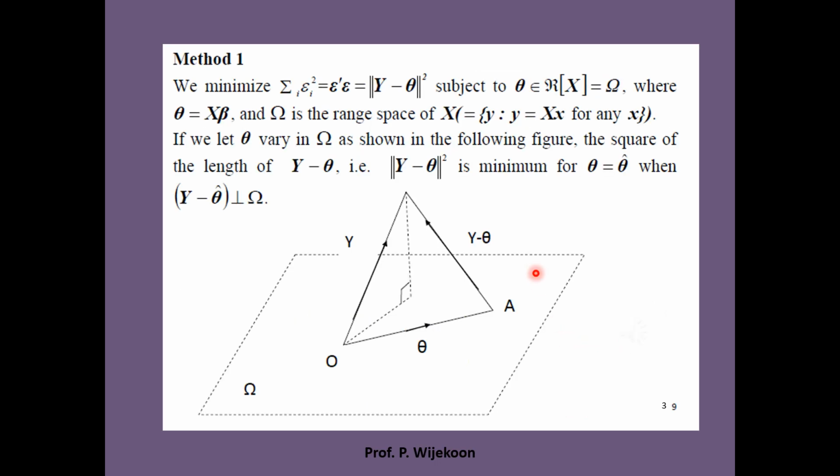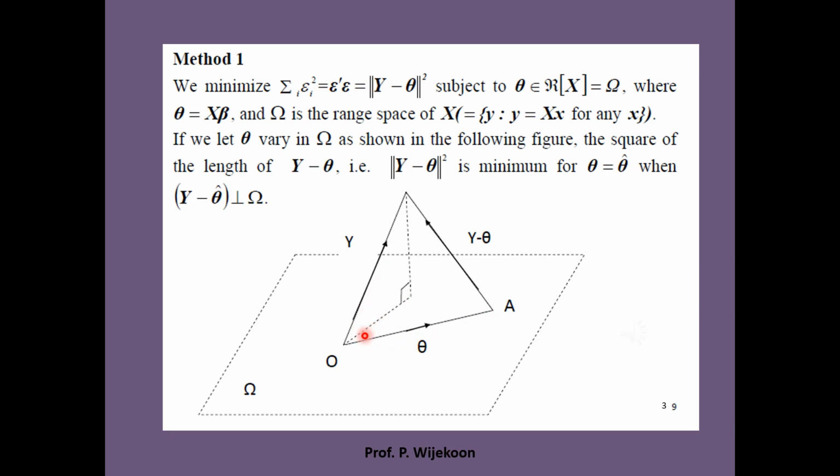To minimize the error sum of squares, first we consider this graphical method. In this case, the error sum of squares is the norm of y minus theta squared, and we minimize it subject to theta belonging to the range space of the matrix X. We use capital omega to represent the range space of X. Now, we let vector theta vary in the range space of X as shown in this figure.